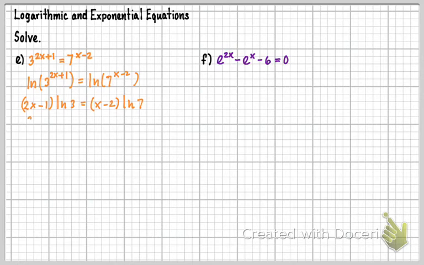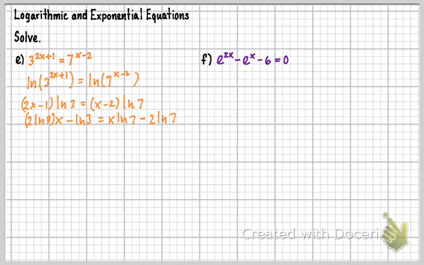So I get 2 ln of 3 times x, and I can just do this so you know that's all just some decimal number. Again, don't get bogged down with the notation. And this is minus ln of 3, and that equals x ln of 7 minus 2 ln of 7.